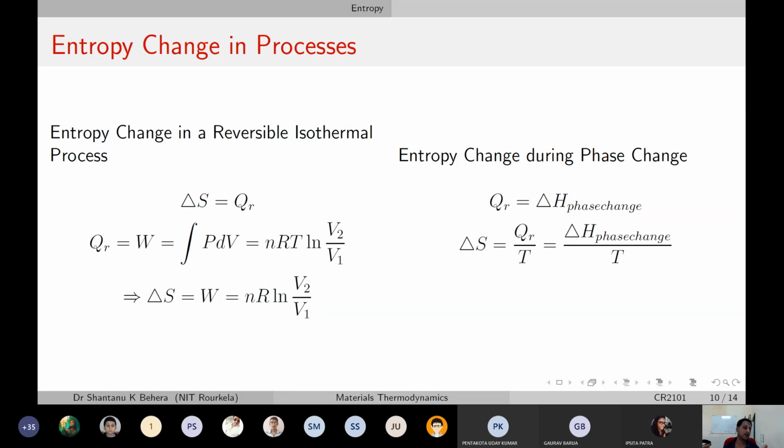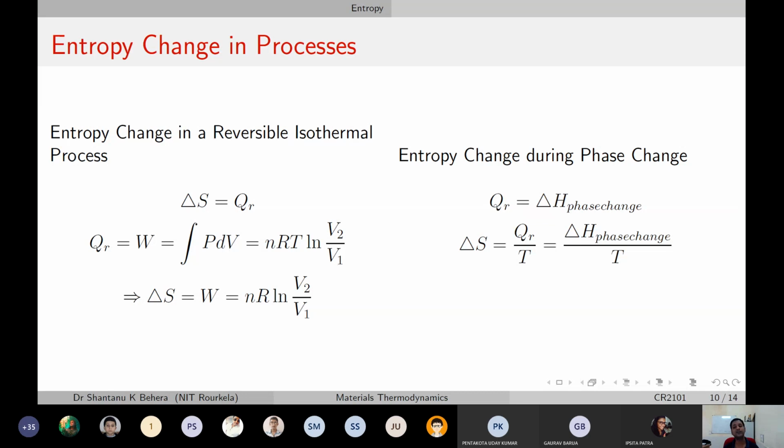If you look at the entropy curves of any material over temperature, you will find that there are some places where there is a discontinuity. It leaves off there and then starts from elsewhere. What is that? That means there is a phase change, right? And what does a phase change mean? That's an isothermal process again, right? Because the temperature doesn't change, but there is a heat change.